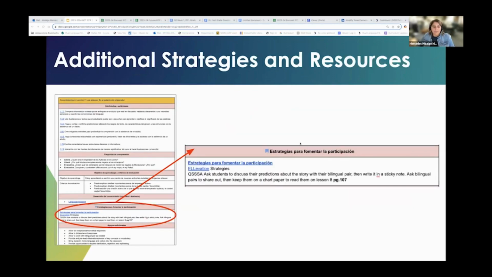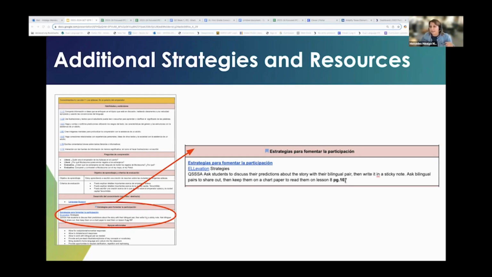And then we wanted to highlight this other part where it says estrategias para fomentar la participación. In this part of the lesson, we have some links provided for you. We have 4 strategies that we highlighted in back to school that were optional. And this time around, we have added the elevation strategies that are present there as well.